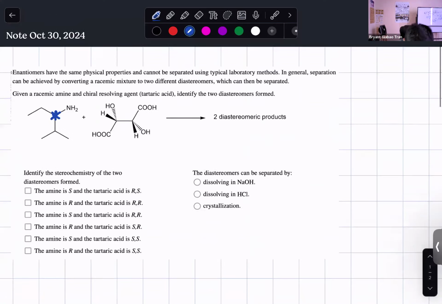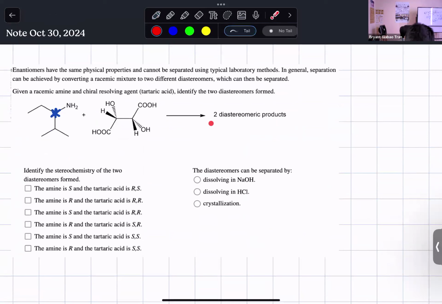Okay. So for this one right here, we're going to get two diastereomers, and let's identify the stereochemistry of the two.